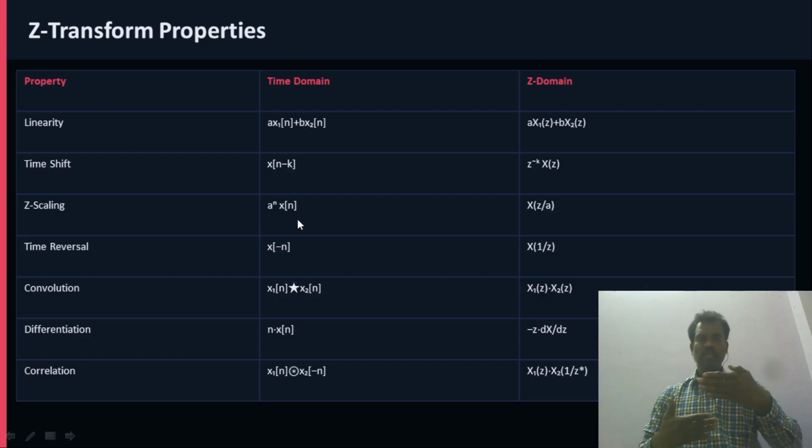That means it is equivalent to convolution when one signal is kept as it is and the other is folded and then convolved. x1 of n is one sequence, x2 of n is another. In convolution we fold and shift, but in correlation we don't fold.